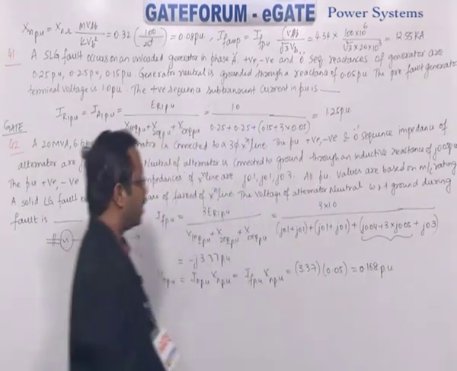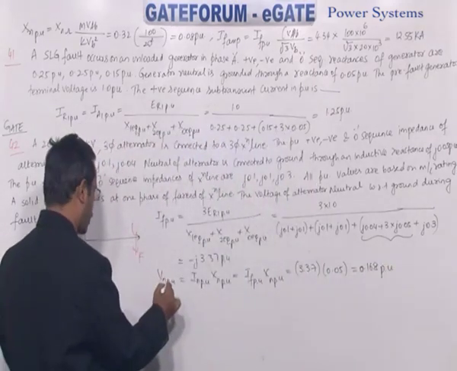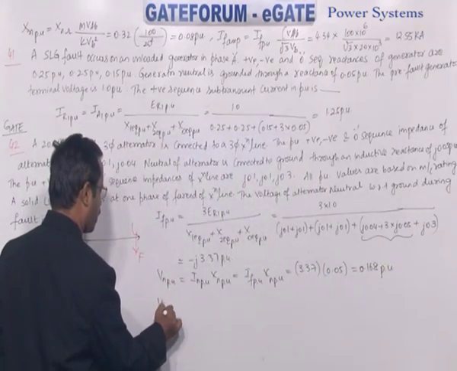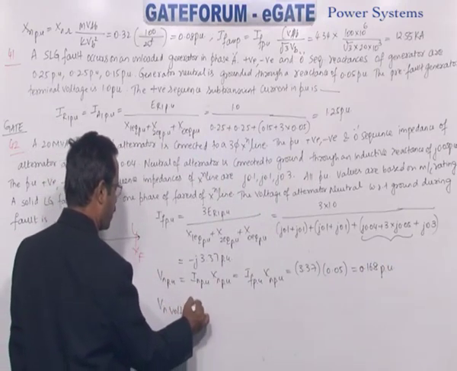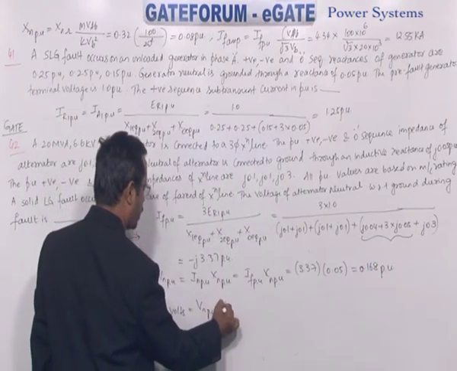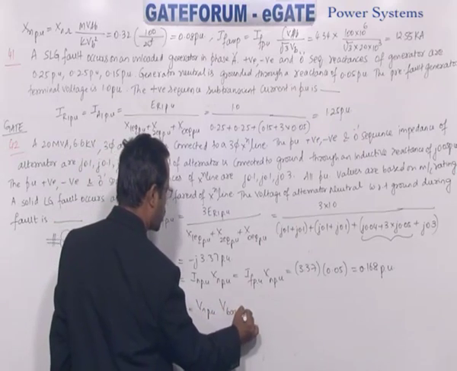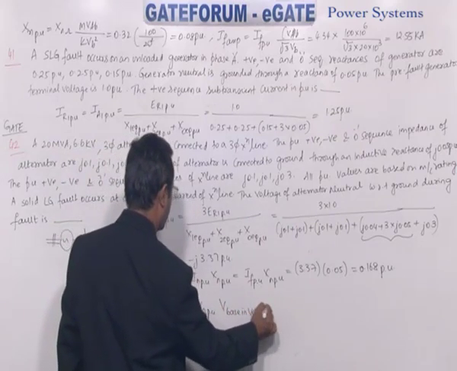Now how to convert this per unit value to volts? Vn per unit is multiplied by the base voltage in volts.